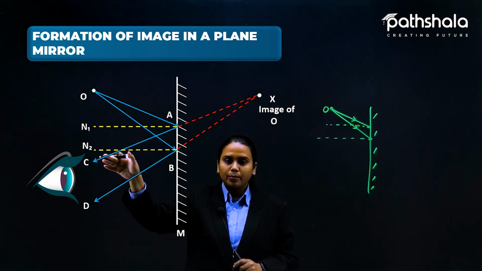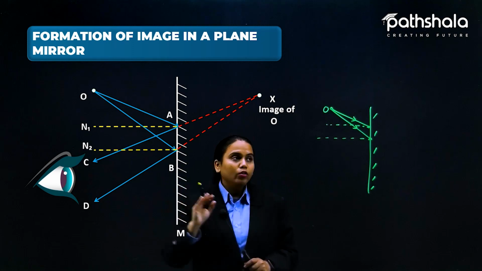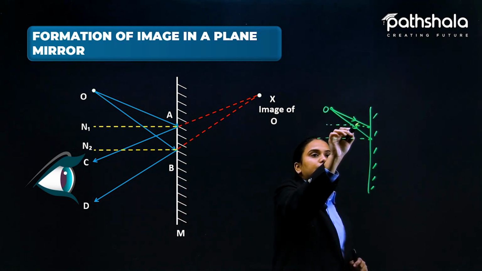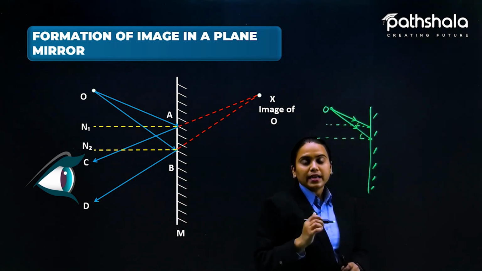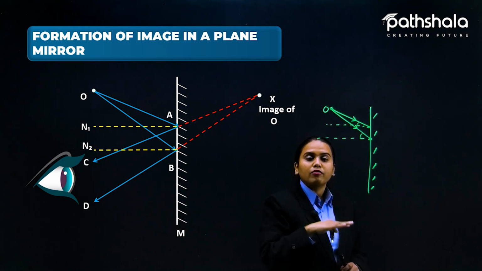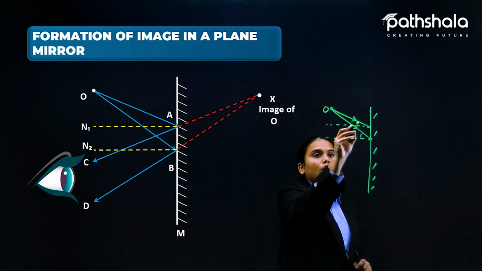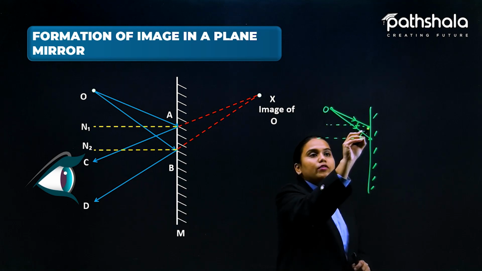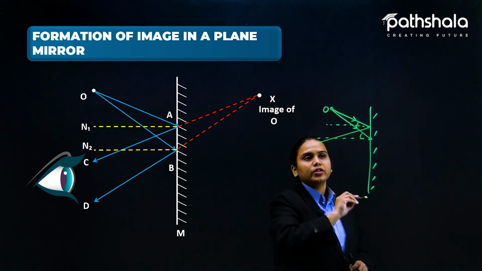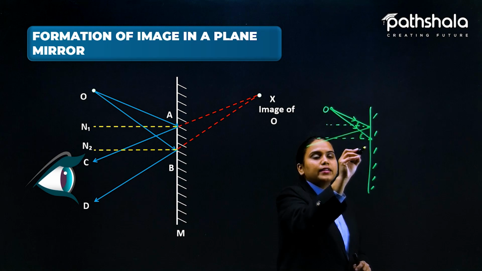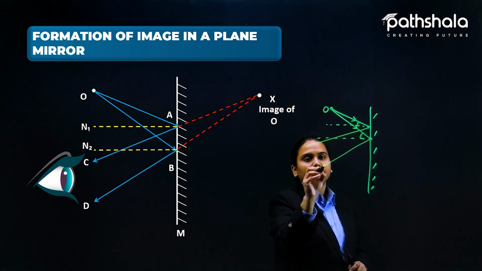Now we have two normals, N1 and N2. For each, the angle of incidence equals the angle of reflection.